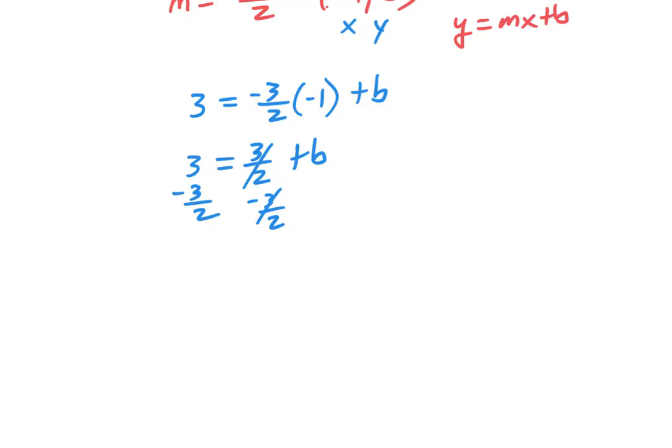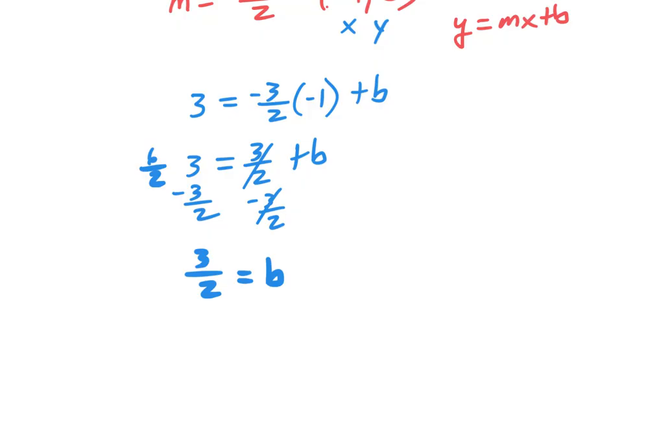If I needed a common denominator, 3 is really 6 halves, right? 6 divided by 2 is 3. I multiply by 2 on top and bottom. So 6 halves minus 3 halves would be 3 halves.